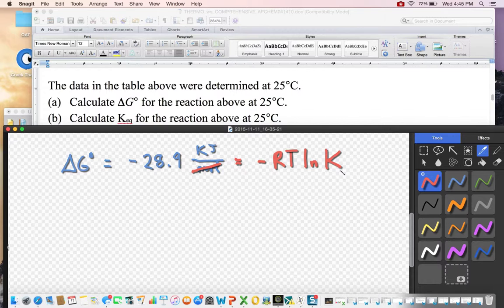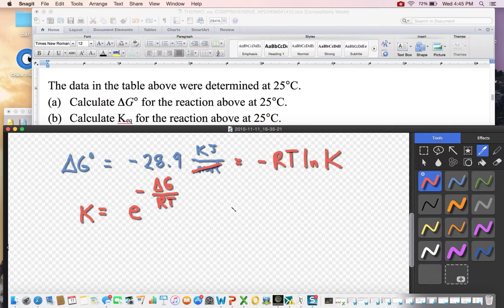If we use just a little bit of exponential algebra, we find that K is equal to e to the minus delta G over RT. Now this minus sign is intrinsic to the formula. We already have a negative delta G. Negative delta G's will produce K values that are much greater than 1. So negative times a negative is a positive.